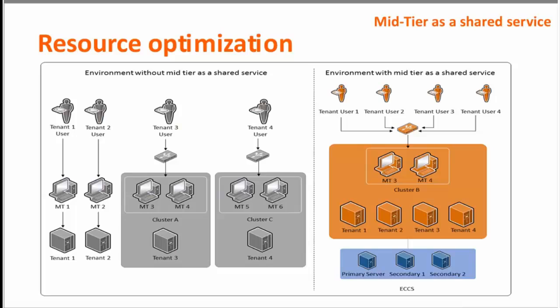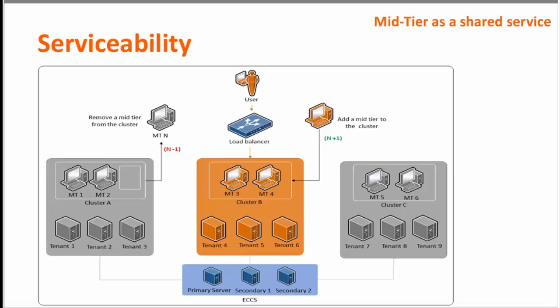And we already discussed this slide: when you deploy mid-tier as a shared service, you get maximum resource utilization because your single mid-tier cluster will serve multiple tenants. Instead of 1-to-1 mapping, here we have 1-to-n mapping. It also increases your serviceability because it supports N+1 deployment, so you can add and remove nodes dynamically.